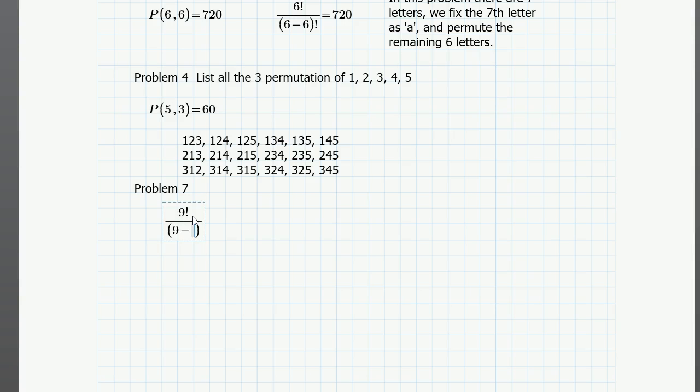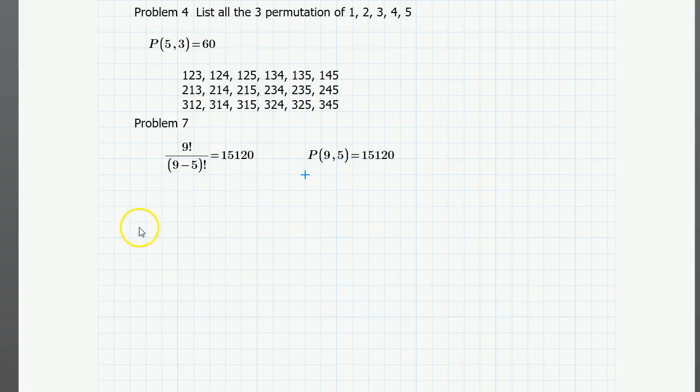Let's see, make sure I'm reading this right. Yep, equals, wow, that's a lot. Let's put this into a regular number. That's 15,120. Let's see if our formula gives us the same thing. P(9, 5) equals the same answer. Okay, well, looking good so far.